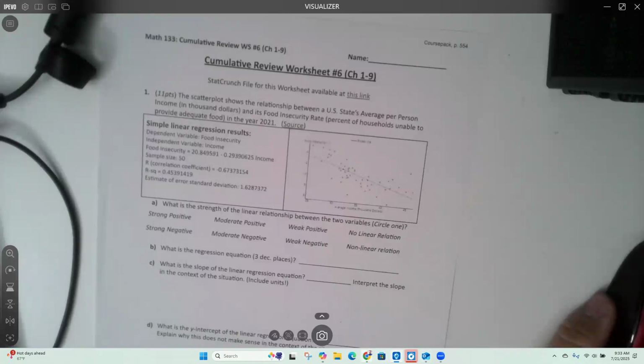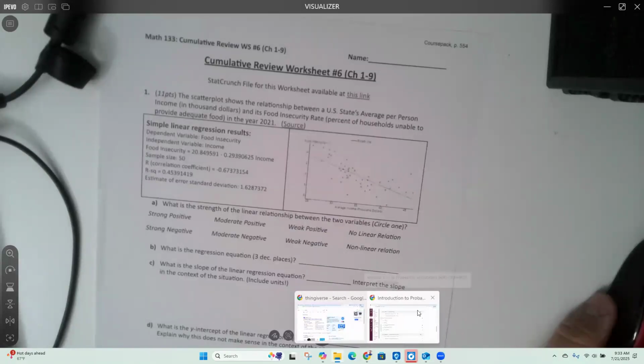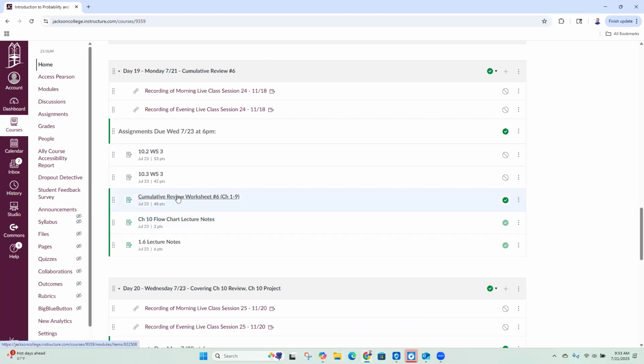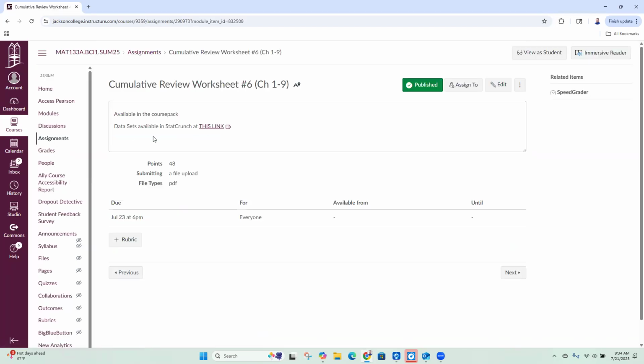So in Canvas, there is a little bit of StatCrunch stuff to do as well. If you click on Canvas and you click on the cumulative review worksheet here, it says the data sets are available at this link. If we click on that, that'll bring us to the data set. So you don't have to type anything in. Not that it's really that long to type in.